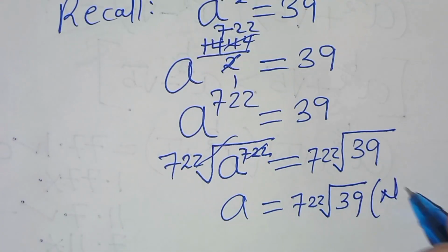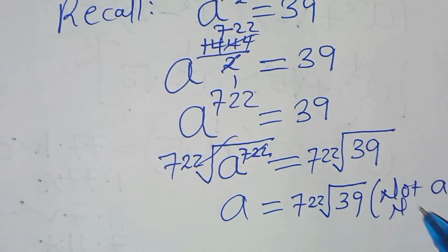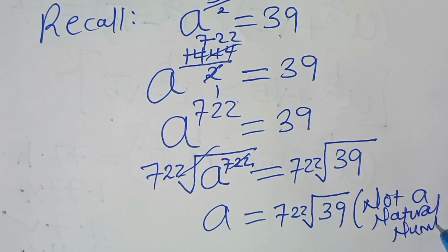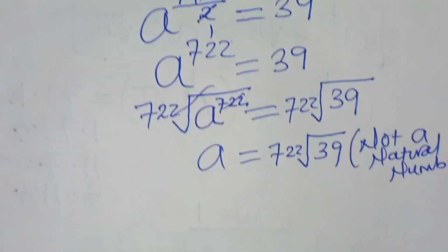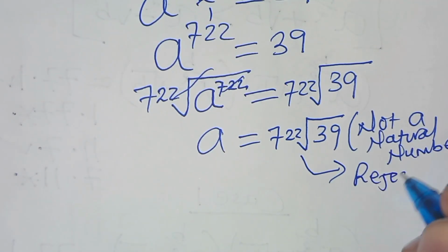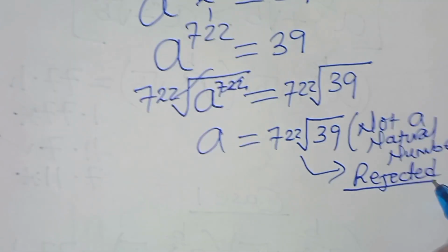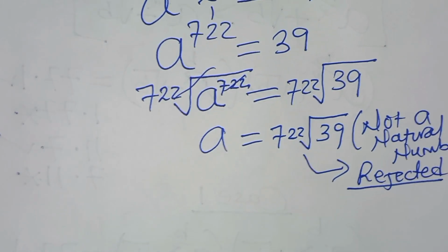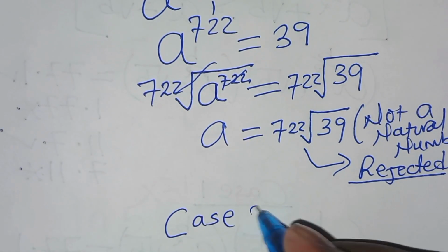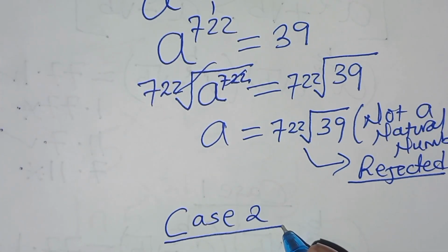And this is not a natural number. So this solution is rejected. So let's proceed to case 2.